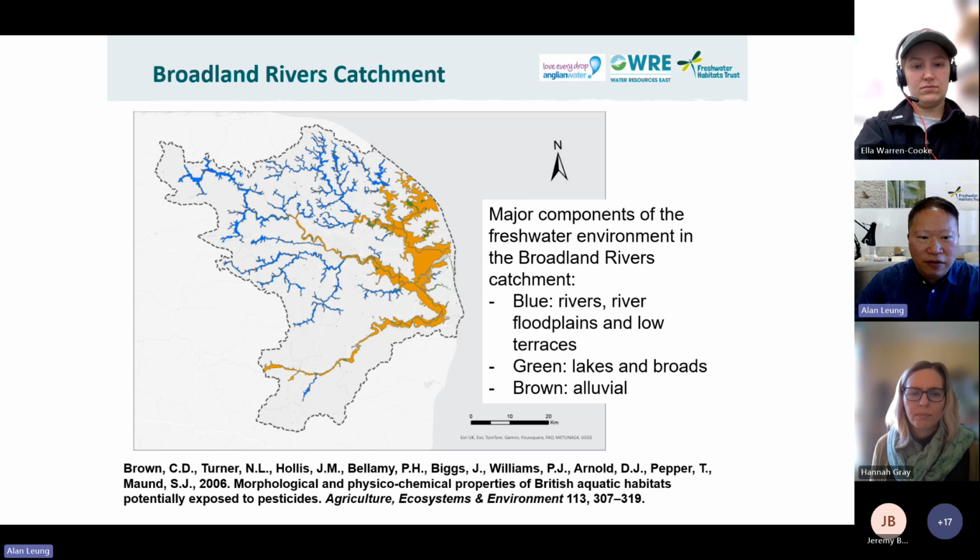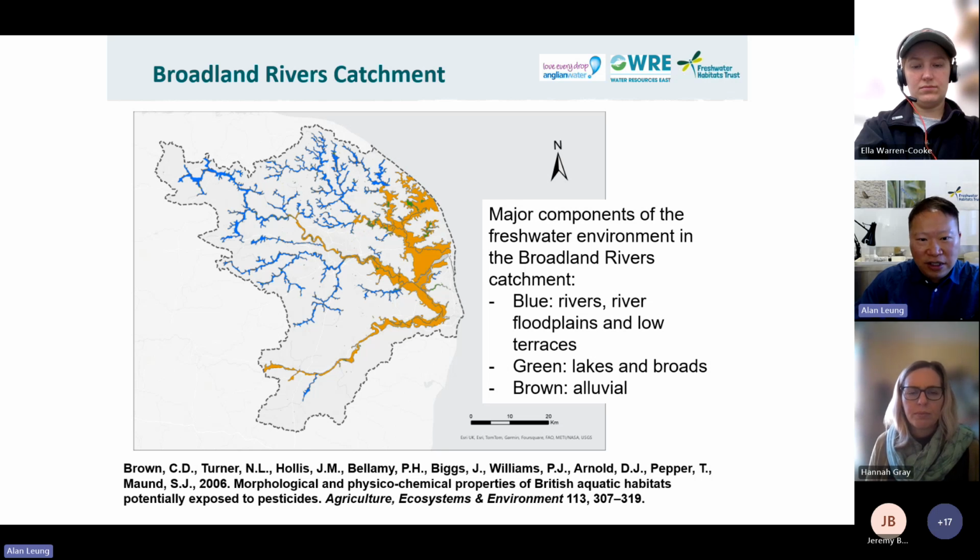This map is generated from the data collected by Jeremy together with his research colleagues. It shows the major water environment in this catchment. The blue color represents the rivers or river floodplain, and also some low terraces.